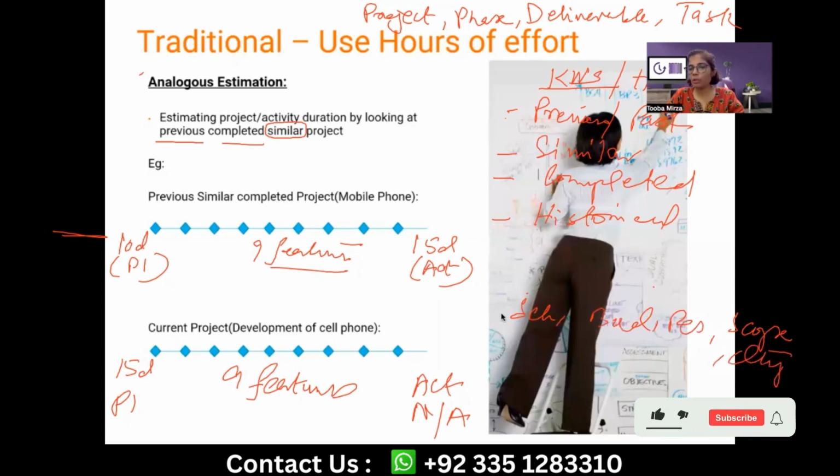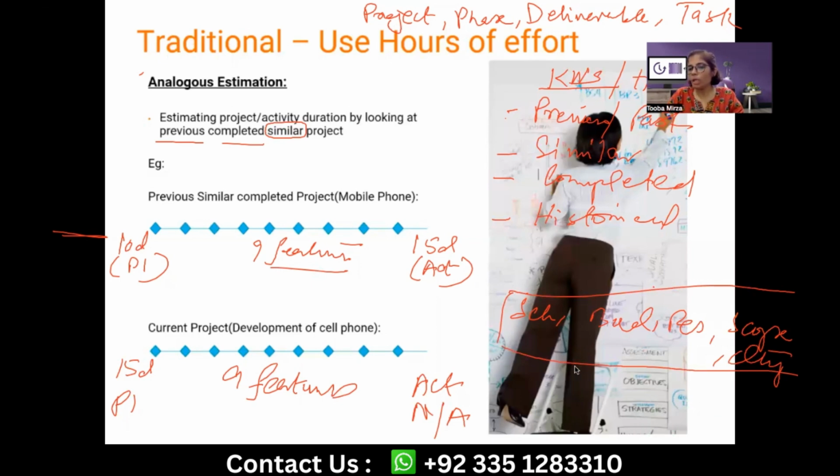These are the important constraints of the project, which are also termed the triple constraints. At least for these, we always look out while planning any project. So if that aligns with your current project, then analogous estimation applies.